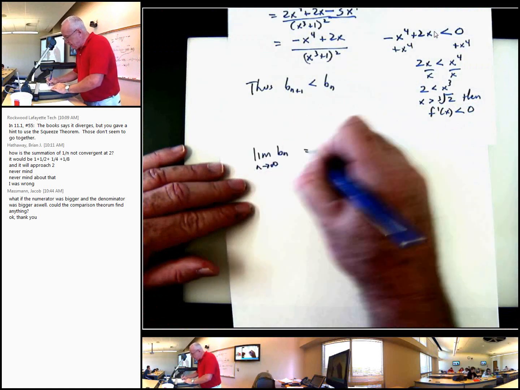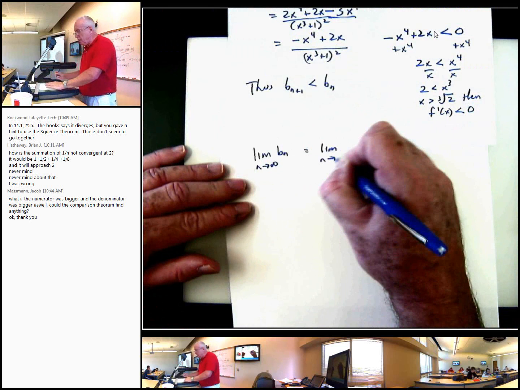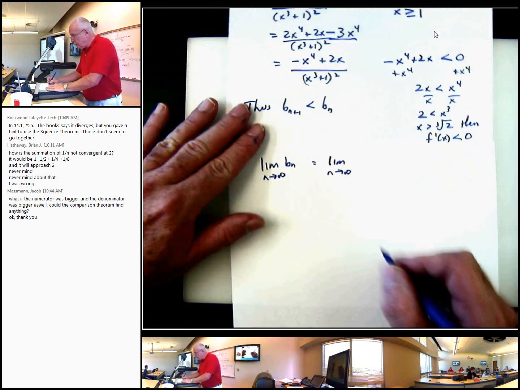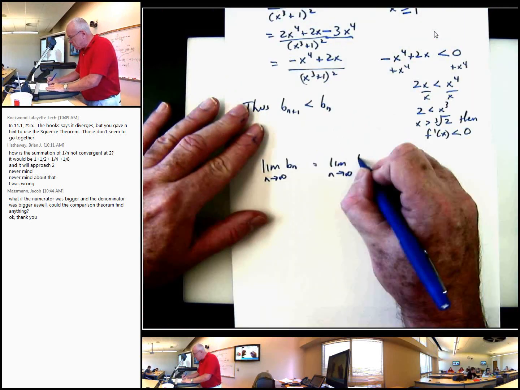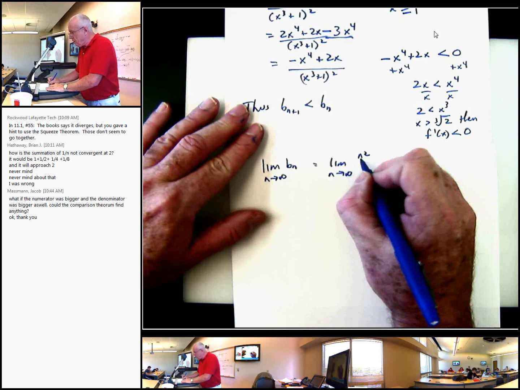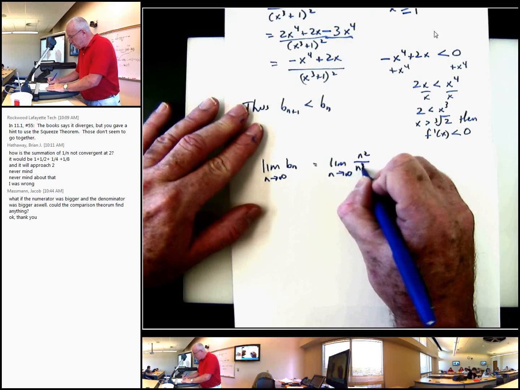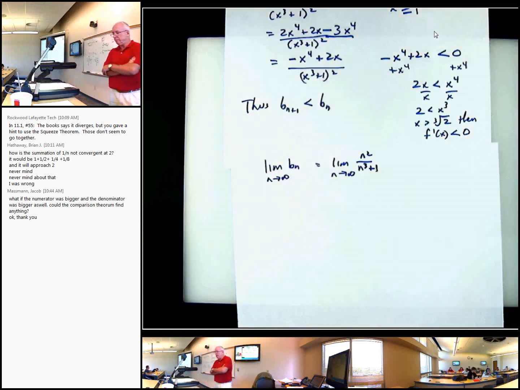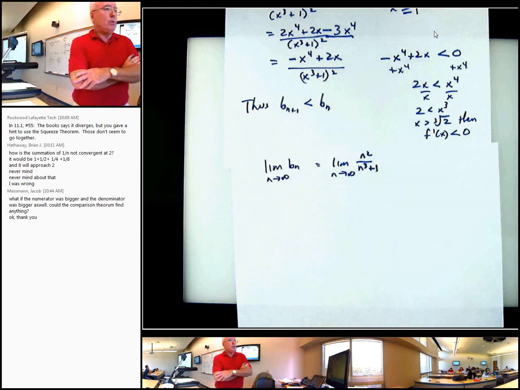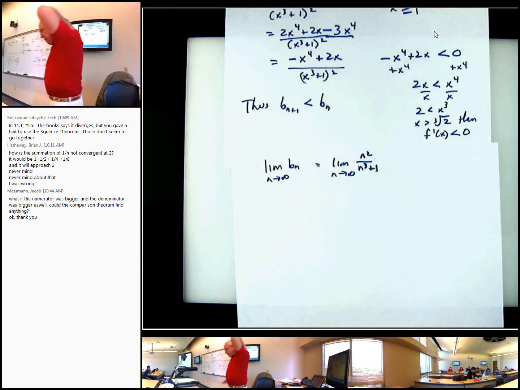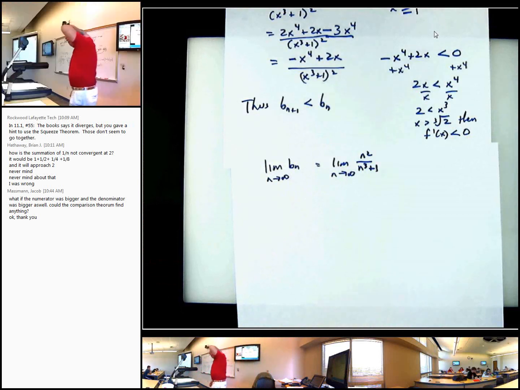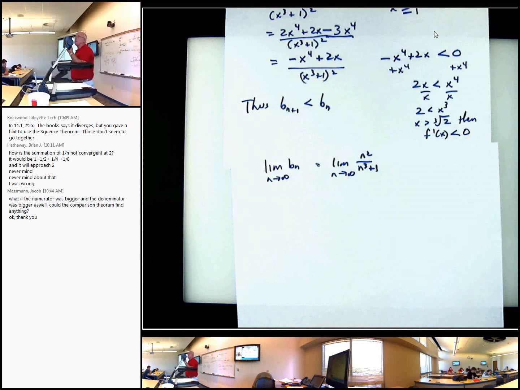Okay, that's the limit as n goes to infinity of what? Our b sub n here is n squared over n to the third plus 1. All right. So what do I want to do here to check out this limit? What's the trick? What power of n? Biggest power.